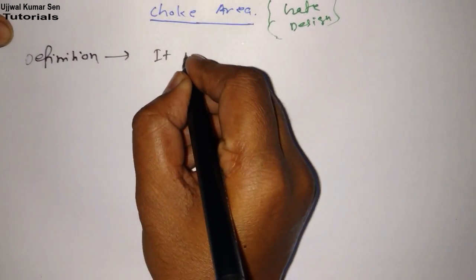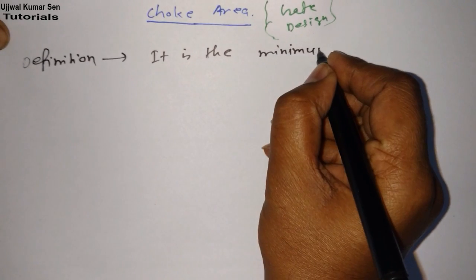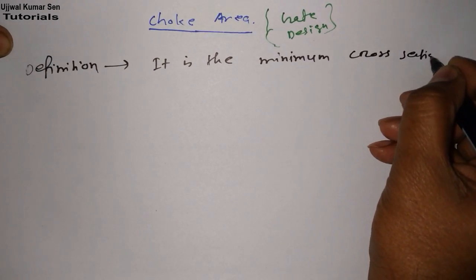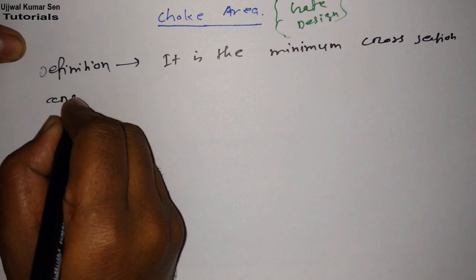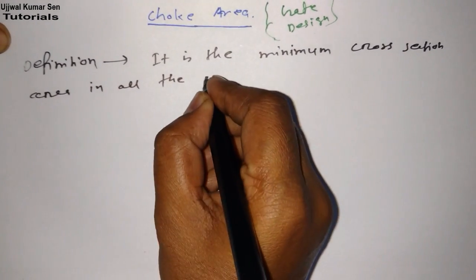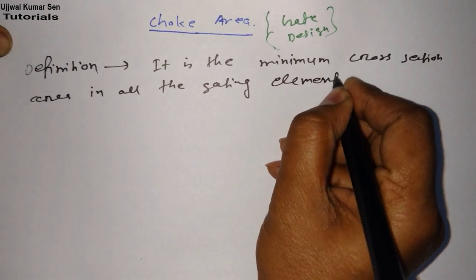Definition: it is the minimum cross section area in all the gating elements.